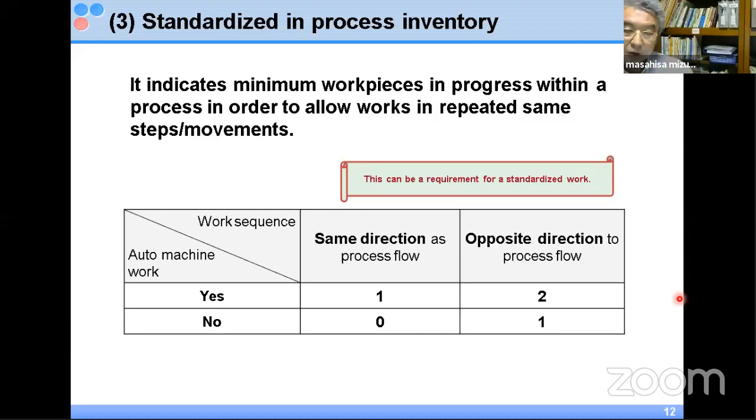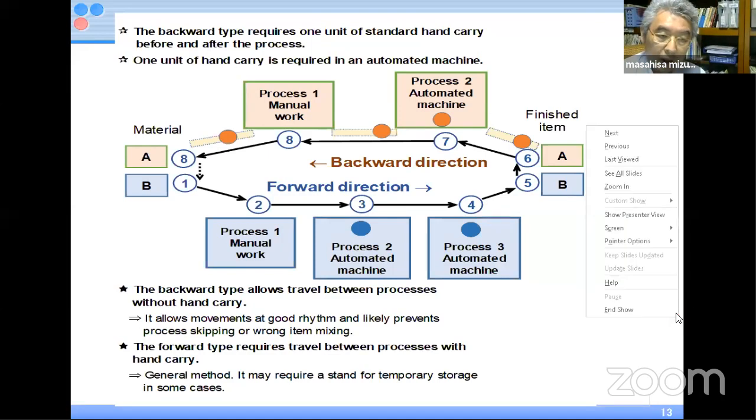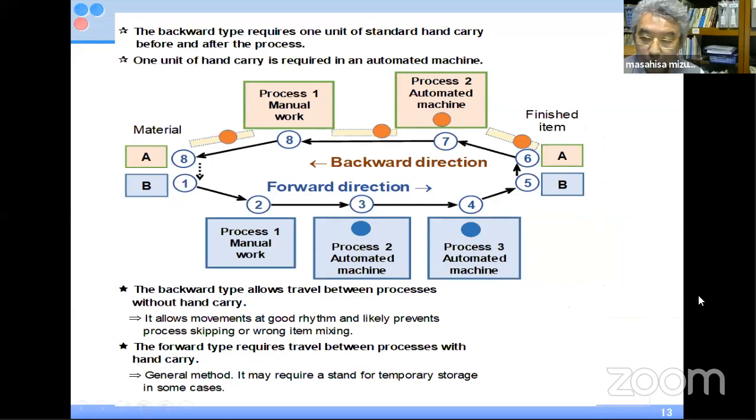Maybe you can see the actual upper side. You can see the material A to the finished item A at the upper side. The lower flow, the material B to the finished item B. You can see the material B going in the forward direction to the finished product B, 1, 2, 3, 4, 5.